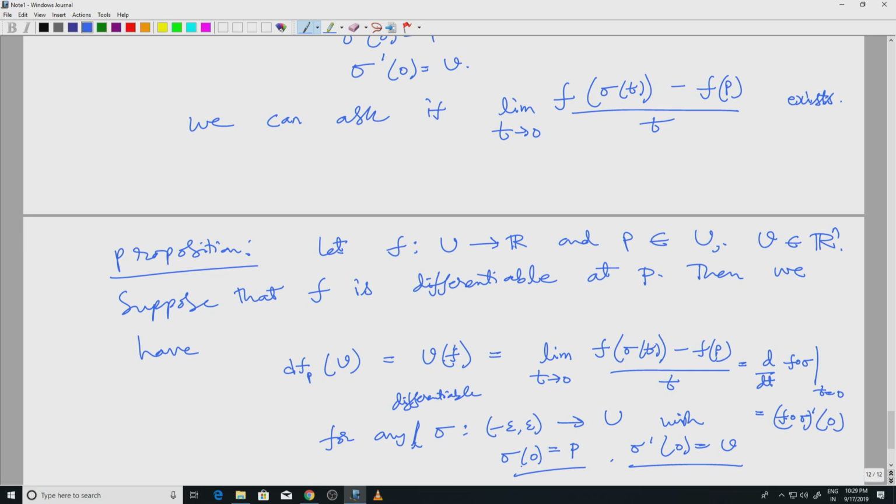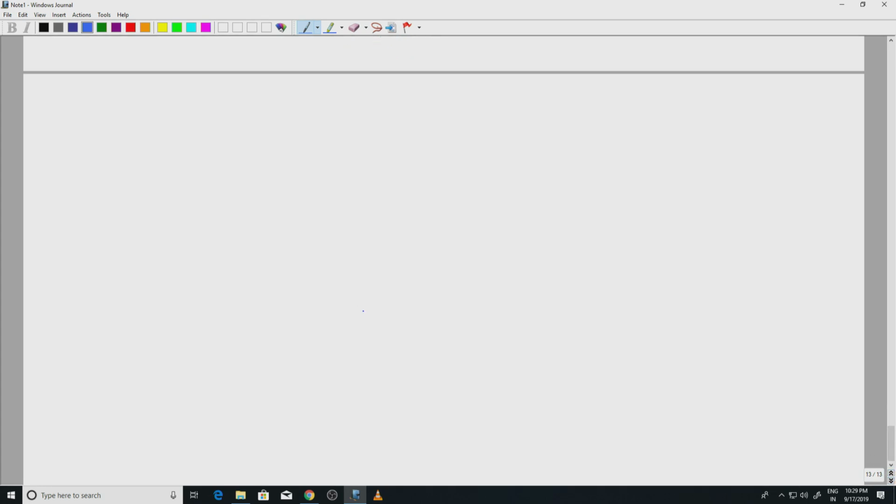A small change is needed here: sigma 0 is not 0, sigma 0 is p. What this is saying is that it really doesn't matter if it's a straight line or not. All you need is some curve which passes through p and whose initial direction is v. It may change directions immediately, but as long as it starts there, one is in good shape.